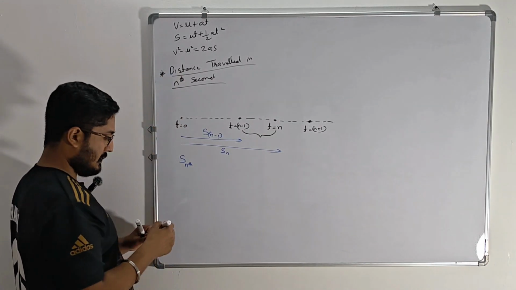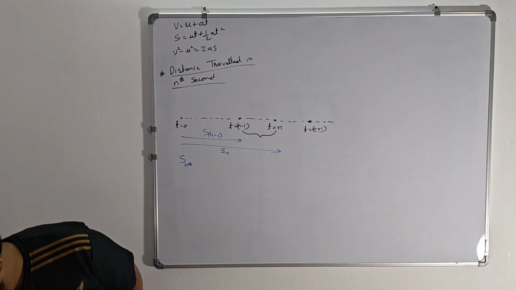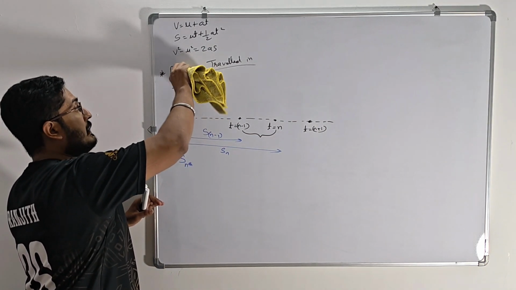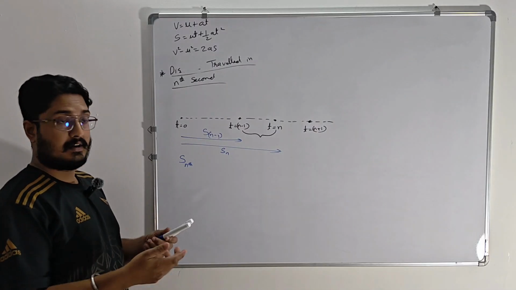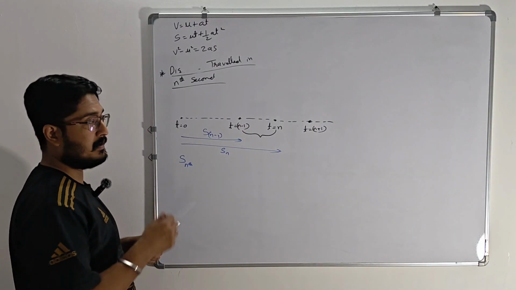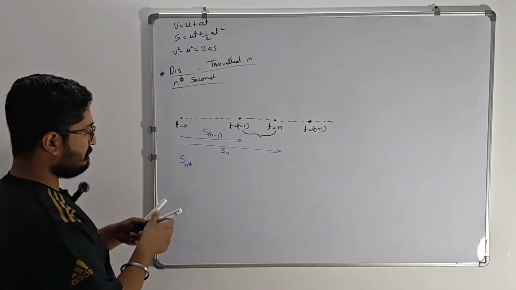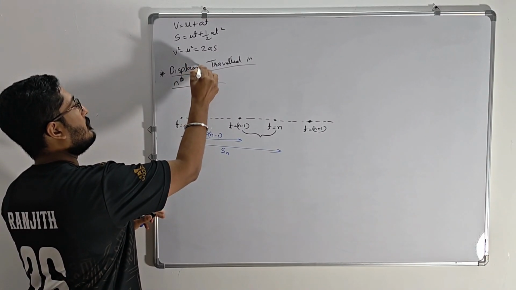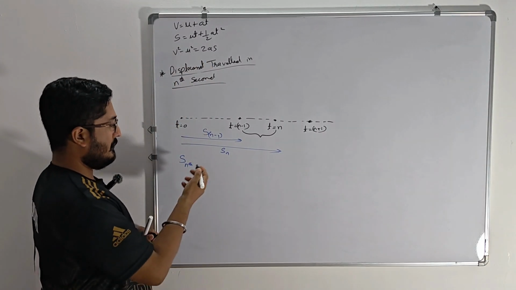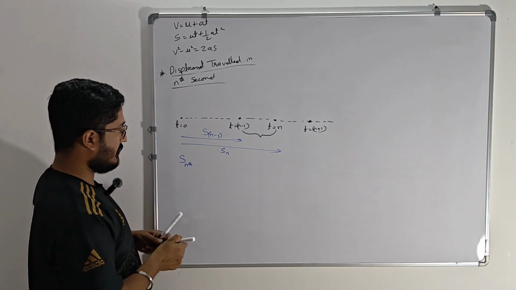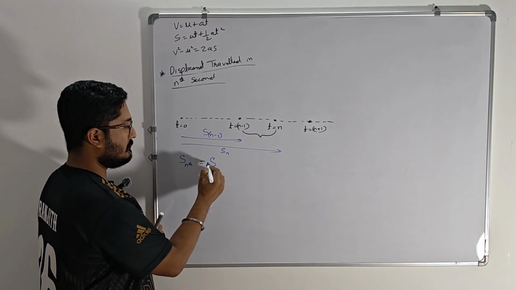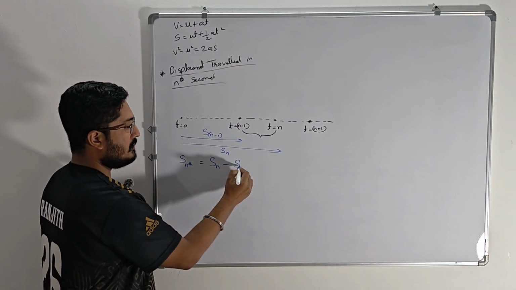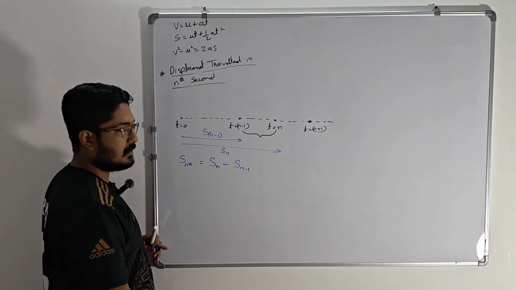I should actually change this, because all the formulas are based on vectors. So we are not actually finding distance, sorry, we are actually finding displacement. So displacement in the nth second is nothing but displacement in n seconds minus displacement in n minus 1 seconds.